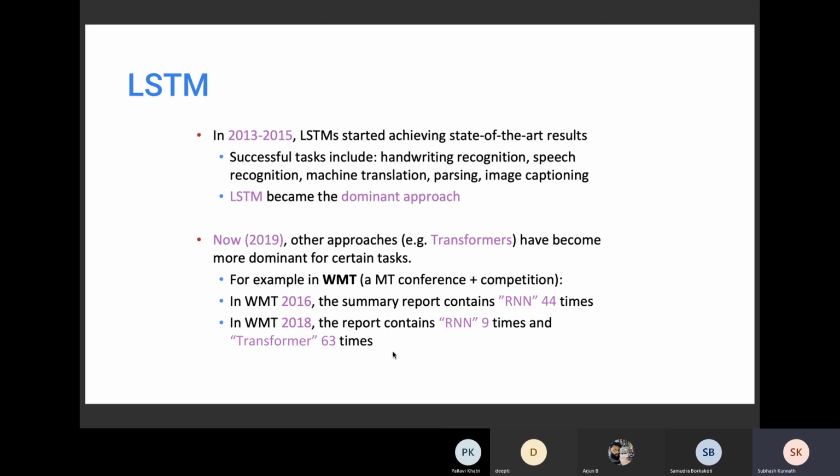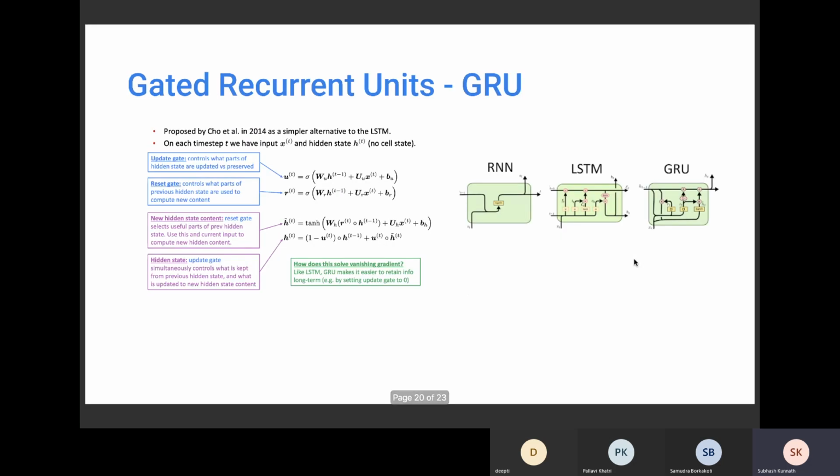But today, transformers have come up and are the dominant approaches. There are different transformer architectures which are widely used and giving good accuracy and good performance. We'll talk about transformers after this RNN material is finished.